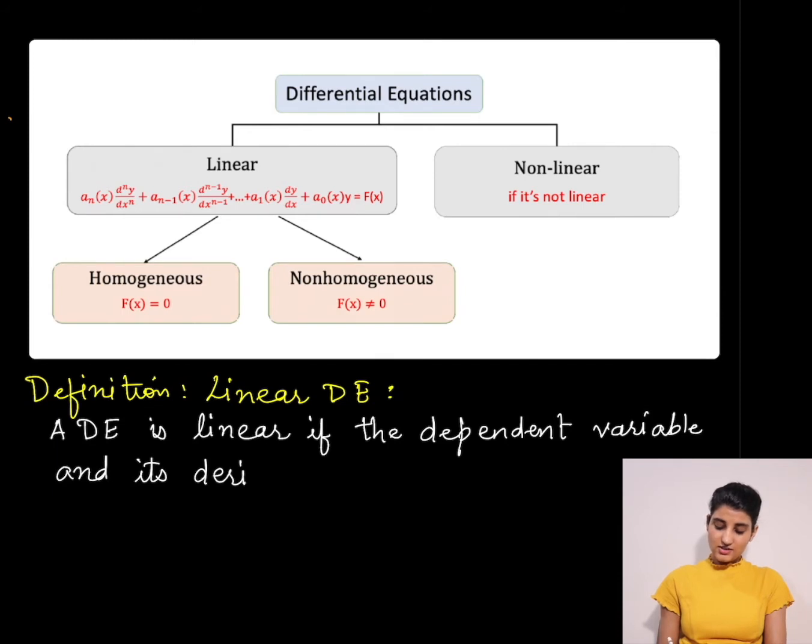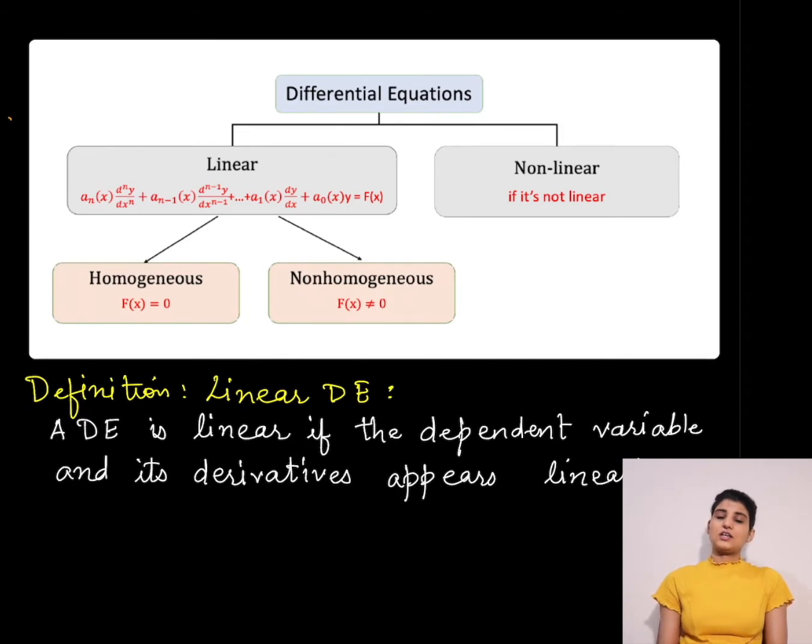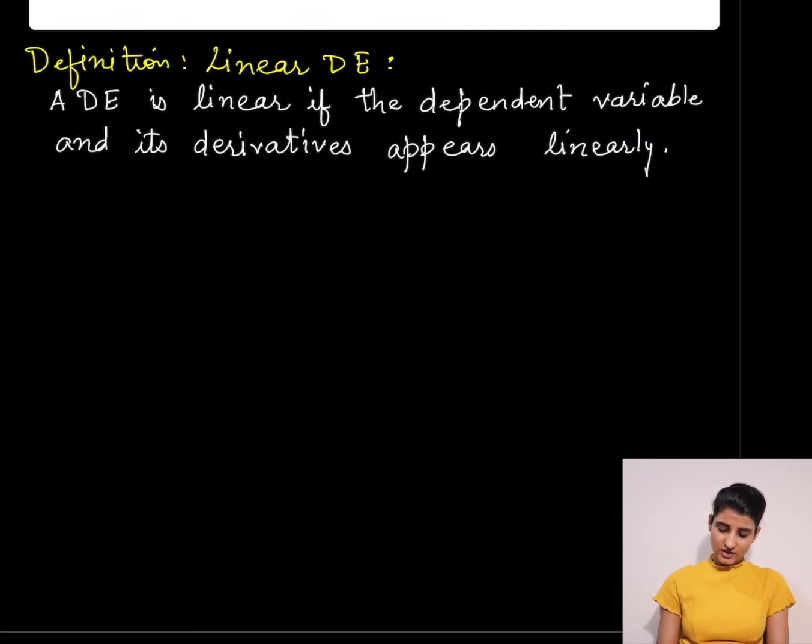We are not concerned about the independent variable, we are just looking at the dependent variable and its derivatives. What does that mean? It means there is no exponent on the derivative or the dependent variable, and they are not multiplied together. So let me just write down the meaning.